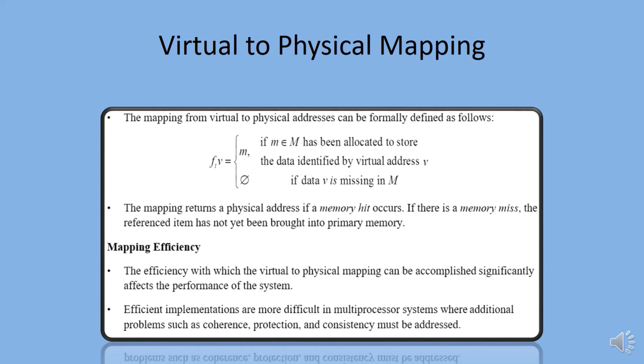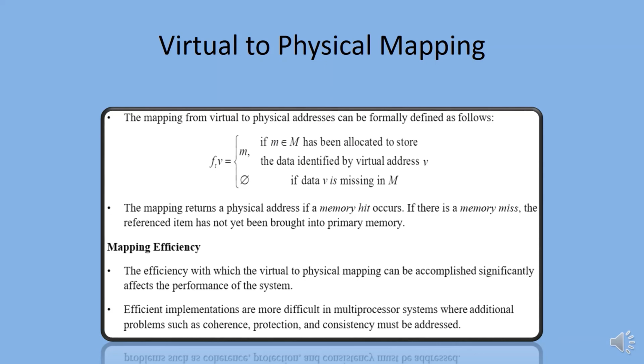This mapping is a time function which varies from time to time because the physical memory is dynamically allocated and deallocated. Consider any virtual address v belonging to V.